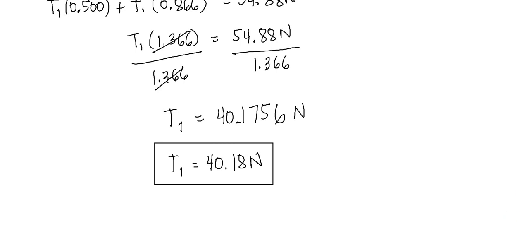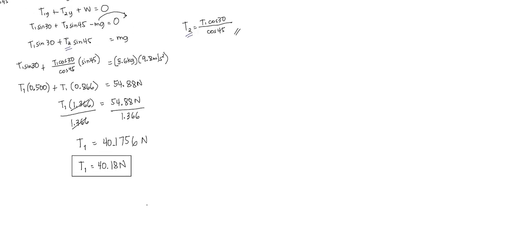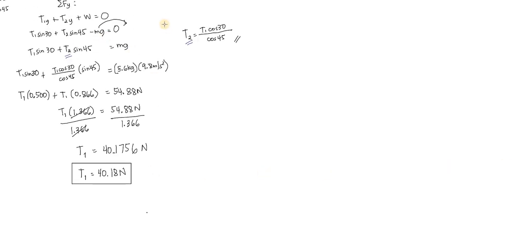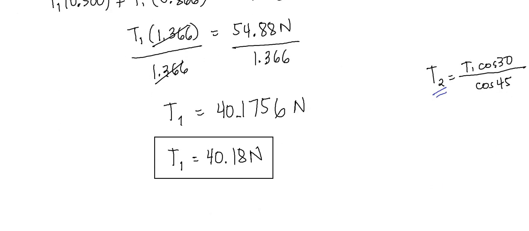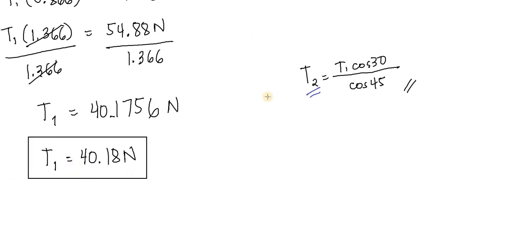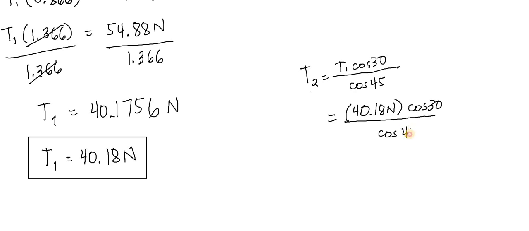Now what is the value of the T2? We'll go back to our solution. For us to compute for T2, we can now just use this. Let's substitute the value of T1. So T2 will be equal to 40.18 Newton multiplied by cosine of 30 over cosine of 45.